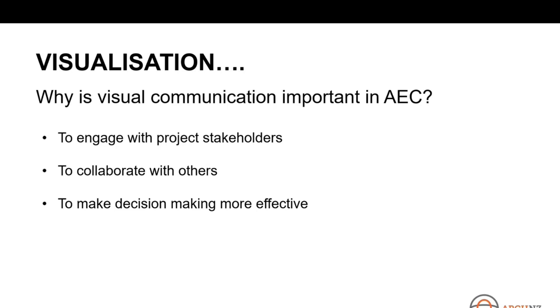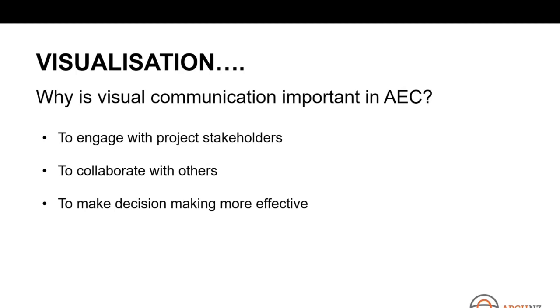So visualization becomes key to engage those stakeholders, whether it's the public or multiple parties involved in your project. It's key for collaboration with others across all those areas, and also to make decision making more effective by having all the information and outputs from that raw data in one place. You want to have the raw reality capture data, the outputs from it, and the people who've then gone and modeled it, where maybe it's a BIM model, all together.